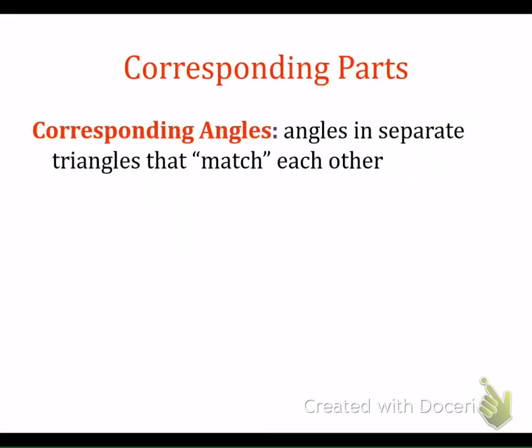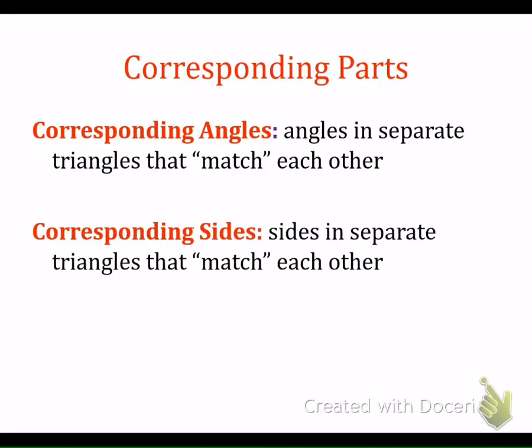All right, next we're going to look at what it means to be corresponding parts. So we'll have corresponding angles and corresponding sides. Corresponding angles are angles in separate triangles that match one another. We'll also look at corresponding sides. Those are sides in separate triangles that match one another. We'll talk about what it means when they match in a second.